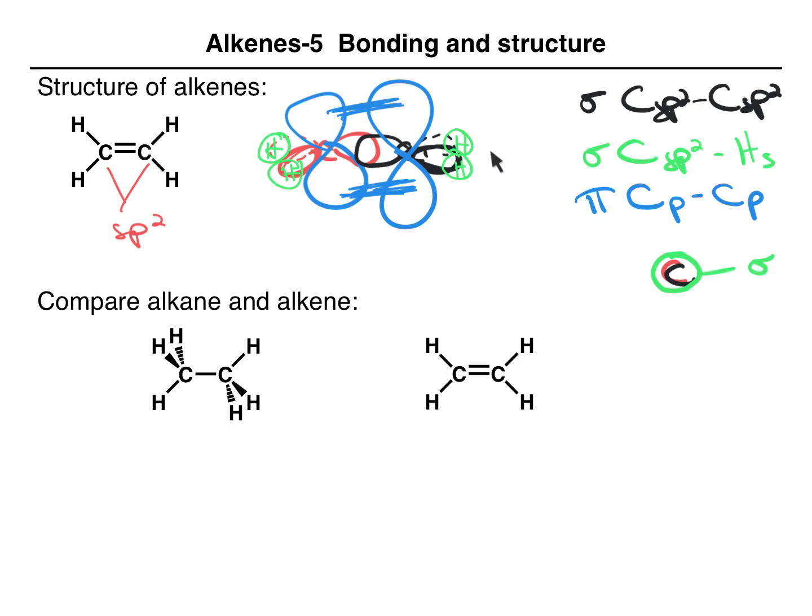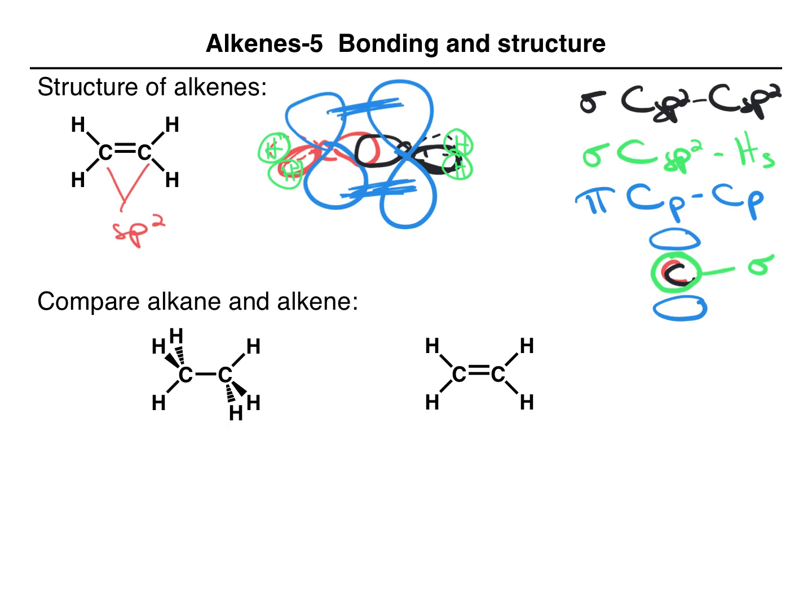However, if we're still looking at this from the side, our p orbitals are going to give us pi bonds, which have electron density above the axis that joins the atoms and below the axis that joins the atoms. So looking at this from the side view, we're going to have a cloud of electron density up here and a cloud of electron density down here.